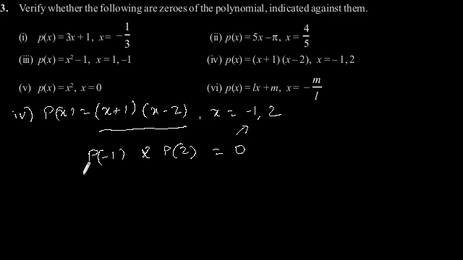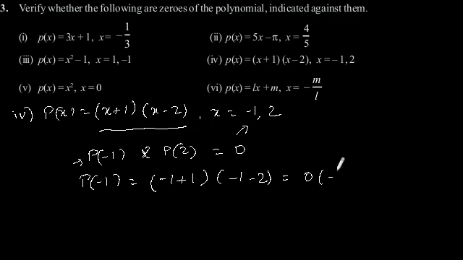So first check with p(minus 1). p(minus 1) is equal to (minus 1 plus 1) into (minus 1 minus 2), is equal to 0 into minus 3 is equal to 0.